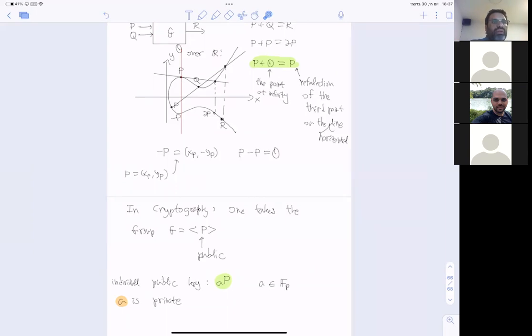The complexity is too strong. So once we know AP, we don't know A. And from now on, all the things that we have seen can be implemented over this machinery. Let me show you how it looks.